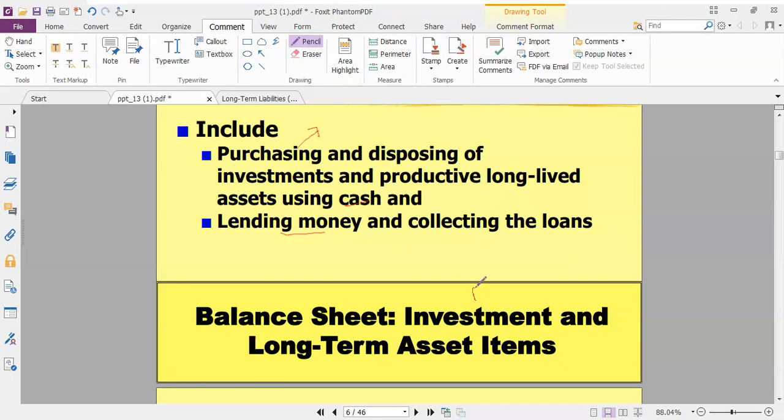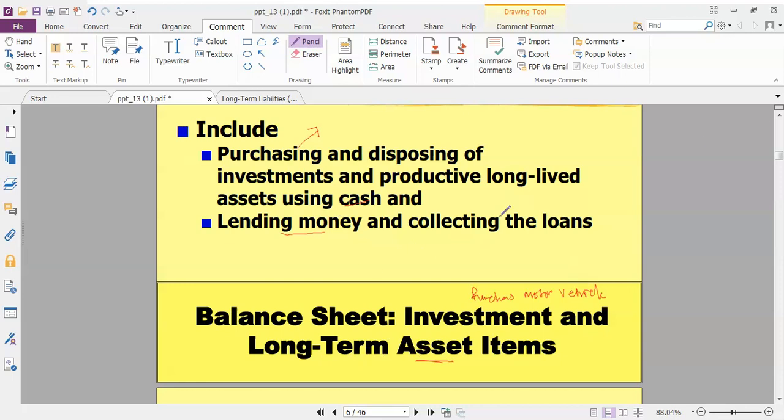For example, if you purchase a motor vehicle, it is our long-term asset, or we call it a non-current asset. Non-current asset means that we use the asset in a long-term period.